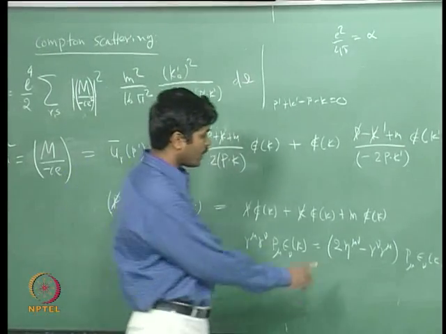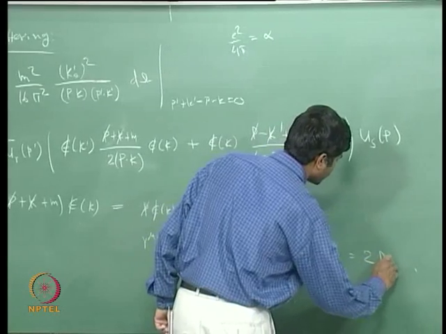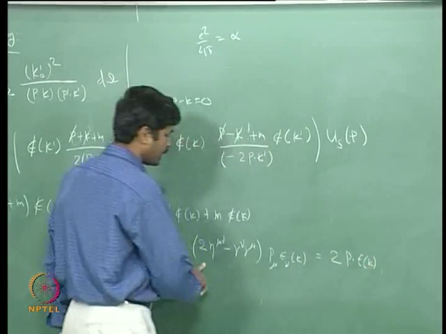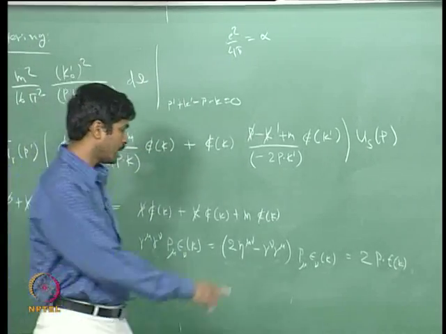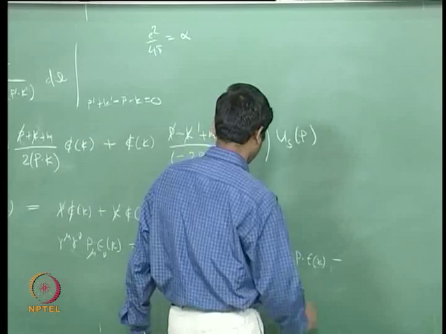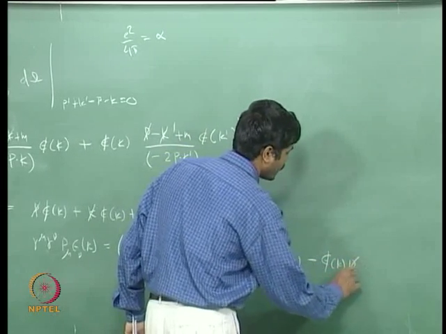As a result, what I get here is twice p dot epsilon of k from the first term, and from the second term I will get minus epsilon slash of k p slash.